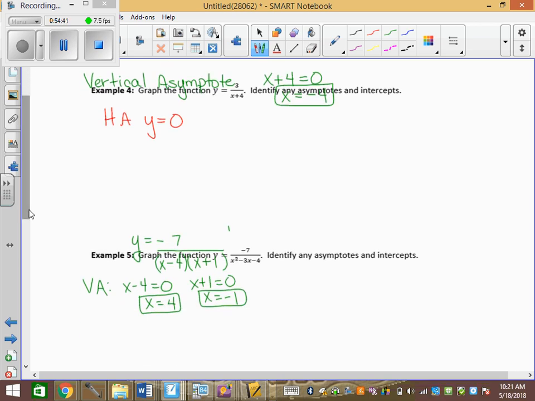Example 5. The numerator is smaller than the denominator, so my horizontal asymptote is at y equals 0. And remember, this one had a curve like this, and on the x-axis I had my asymptote, correct?